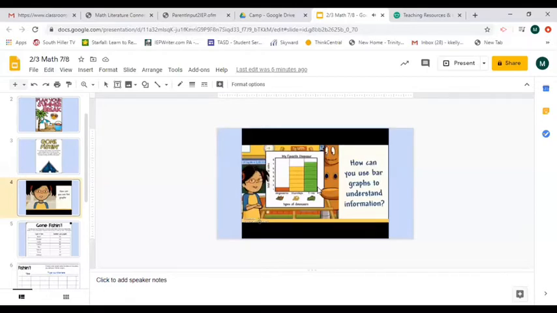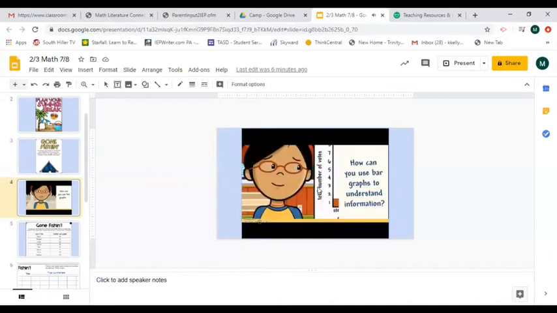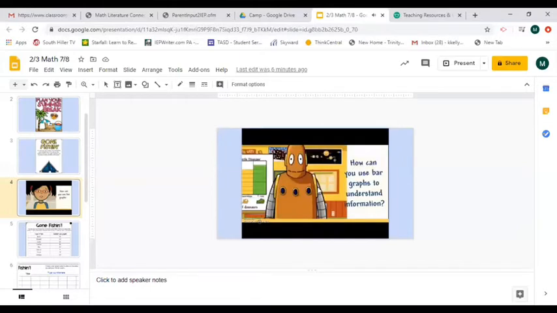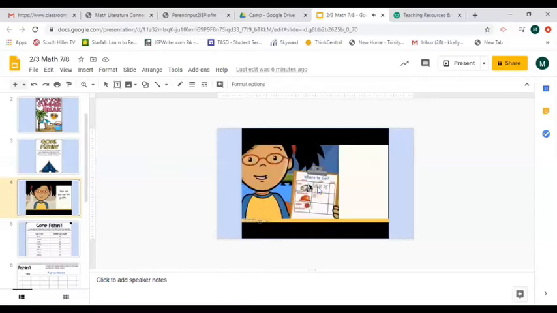Which dinosaur did people like the least? The Stegosaurus got 5 fewer votes than the Triceratops. You can even use the bar graph to figure out the total number of students who voted. Just add the votes from each category. 14 kids voted in all. I'm almost done with this survey.